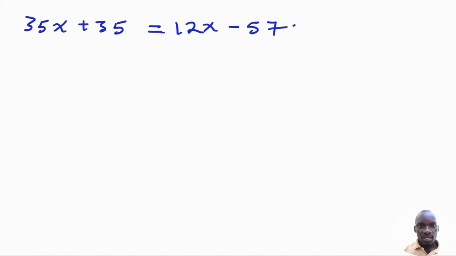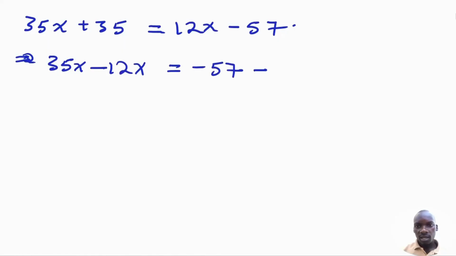So let us collect like terms. We are having now 35x, take away 12x equals to negative 57, then minus 35. 35x minus 12x, we are remaining with 23x equals to negative 57 minus 35. We are getting negative 92.